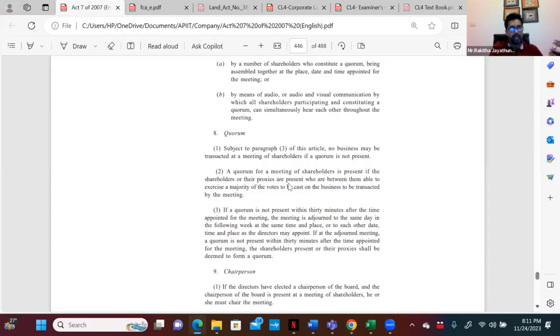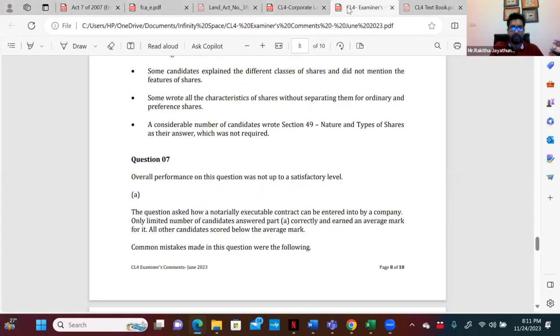Then you explain, since the company has adopted model articles, how you can satisfy the quorum: shareholders or their proxies must be present, able between them to exercise a majority of votes. Then you explain that if the quorum is not satisfied after 30 minutes, the meeting has to be adjourned to the same day in the following week at the same time and place. So if you reproduce this, you can get full marks for this question.